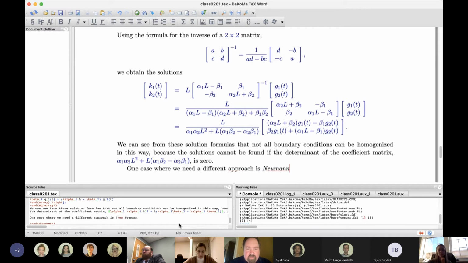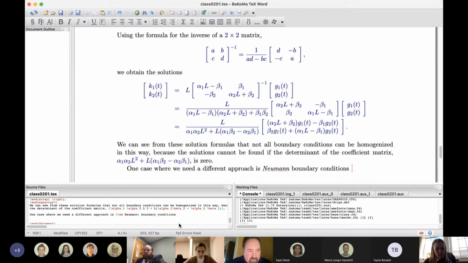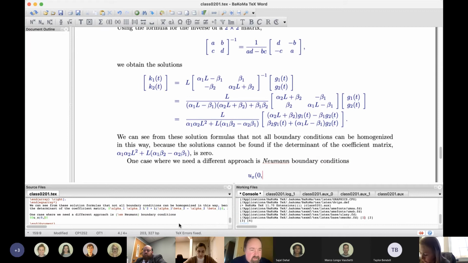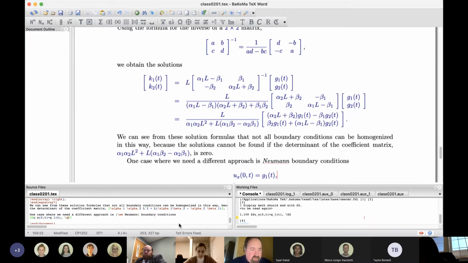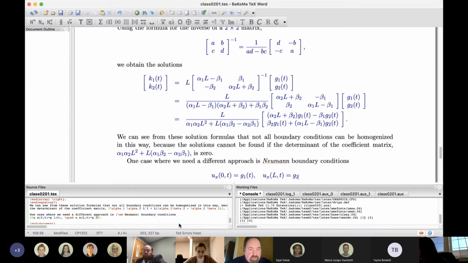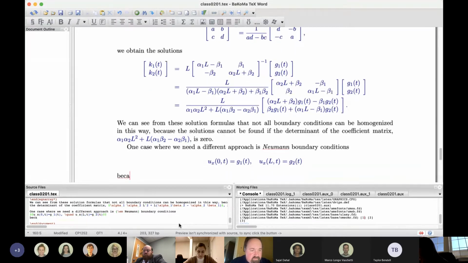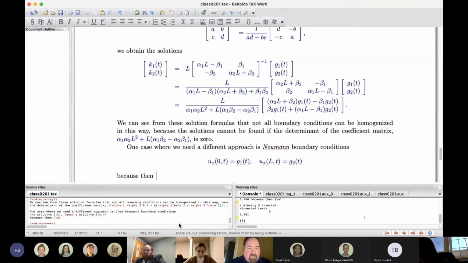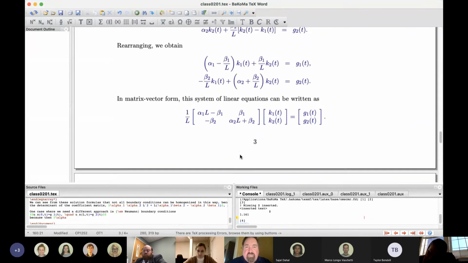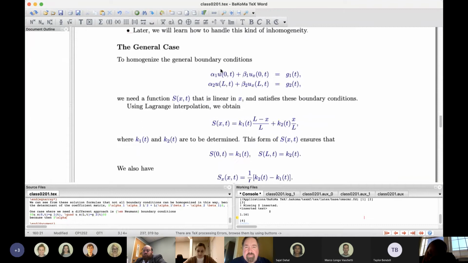We have what are called Neumann boundary conditions, which is where you have a derivative with respect to x at x equals 0 equaling g1, and the derivative at capital L equal to g2. Because then in the general boundary conditions that I specified up here, there's no u, there's only ux.